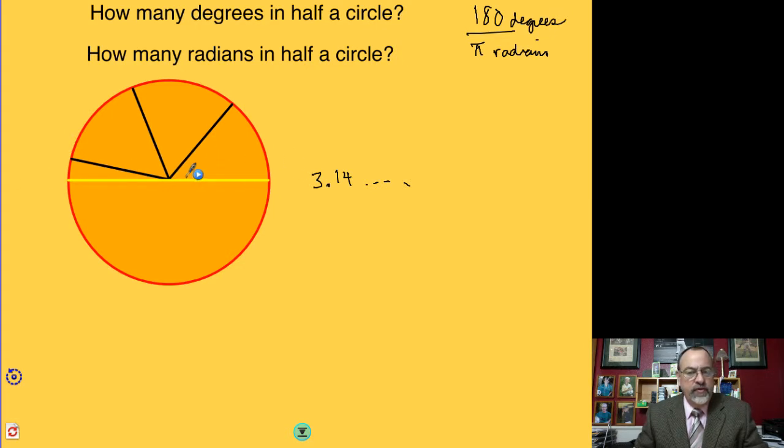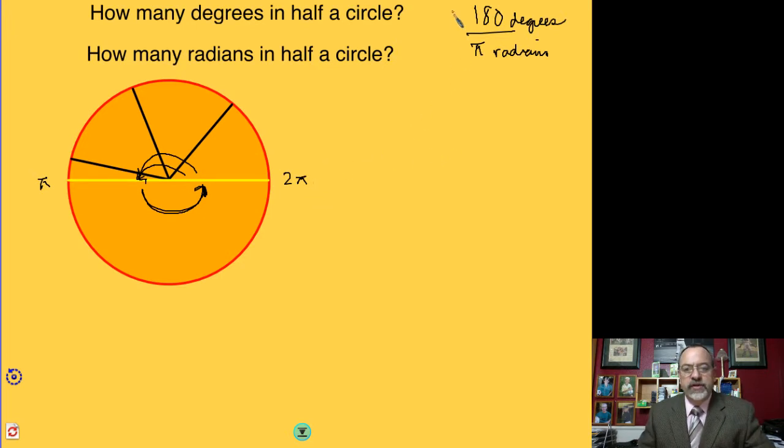If there's pi radians in half a circle, how many radians would there be in a whole circle? Here's pi radians and pi radians. Pi radians plus pi radians is 2 pi. So there's actually 2 pi radians in a whole circle. So 360 degrees is 2 pi radians.